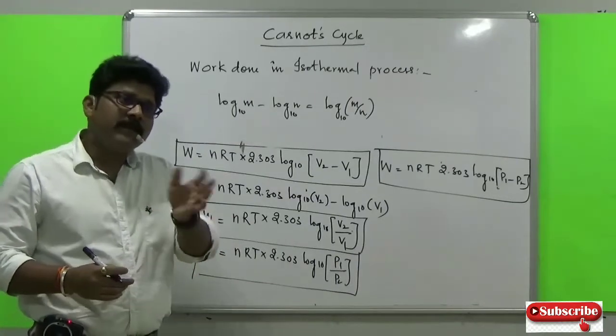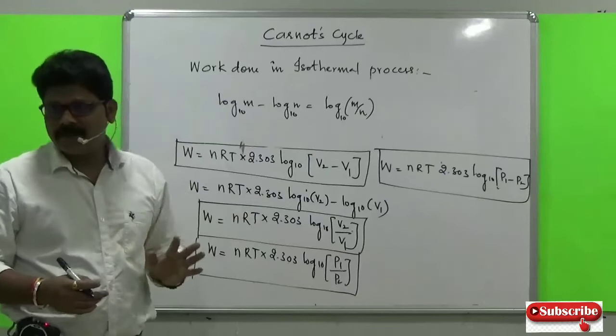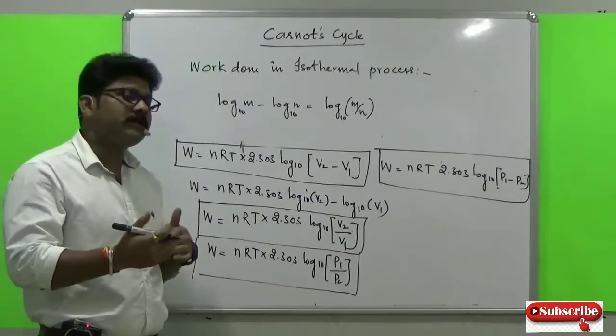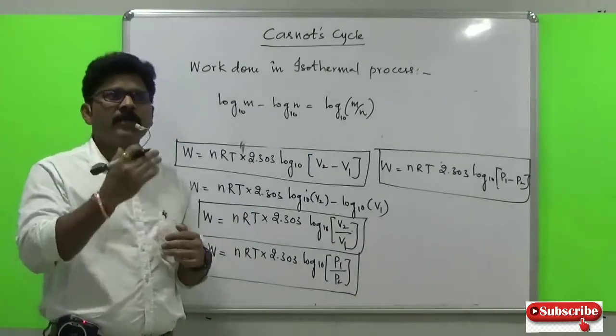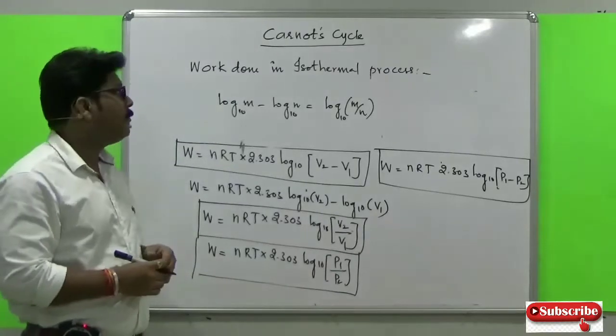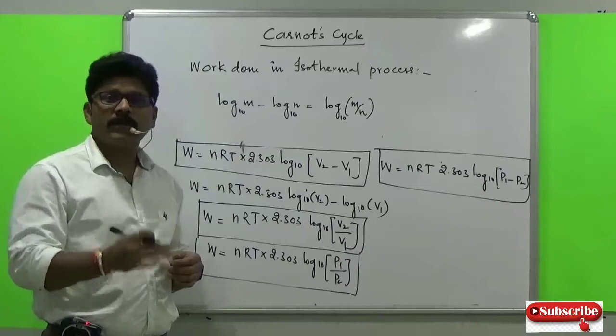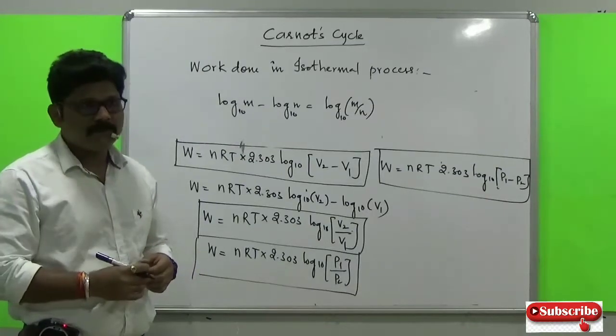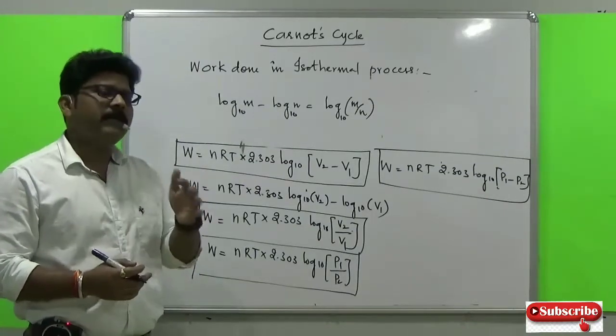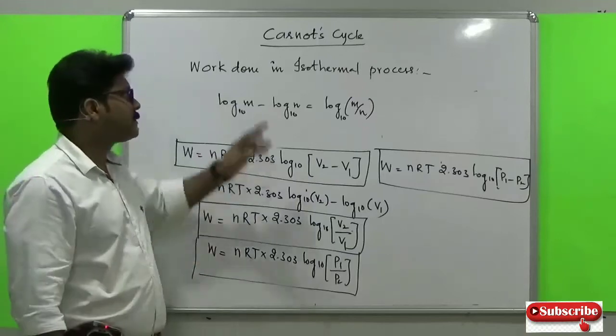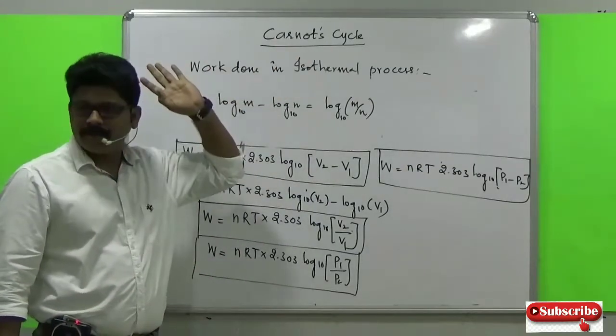After that, the relation between Cp and Cv, then the relation between pressure and volume in adiabatic process. After that we will be discussing work done in adiabatic process, then heat engine, then we can start Carnot cycle.